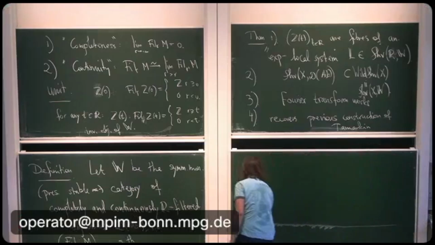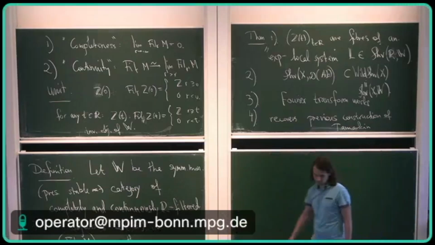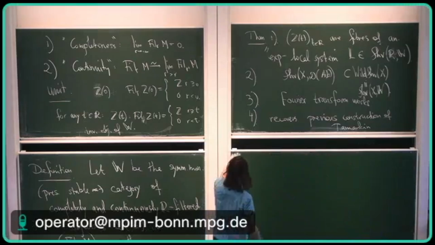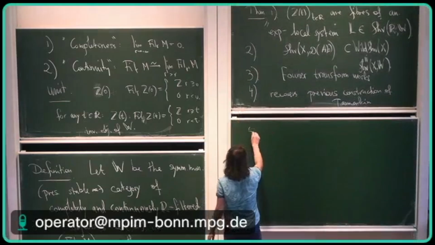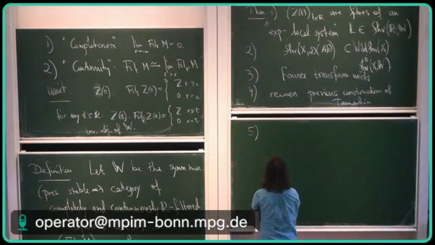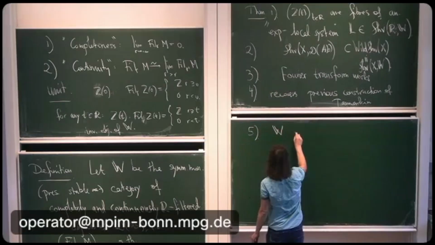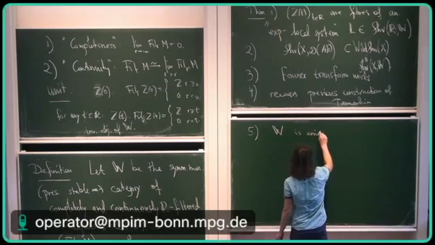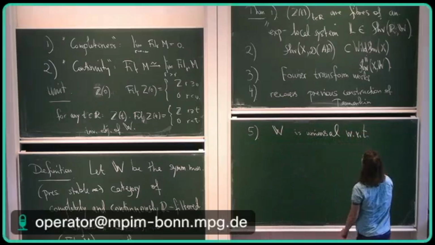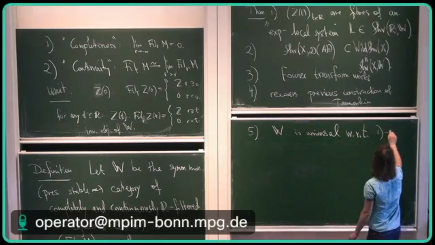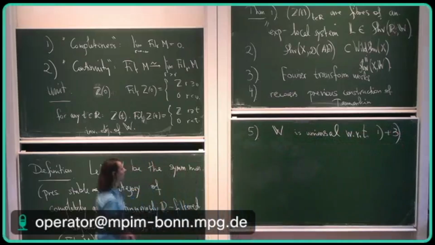And maybe the new observation is only the following: that in some sense W is universal with respect to properties 1 and 3, so that you get a new exponential local system defining a Fourier transform.